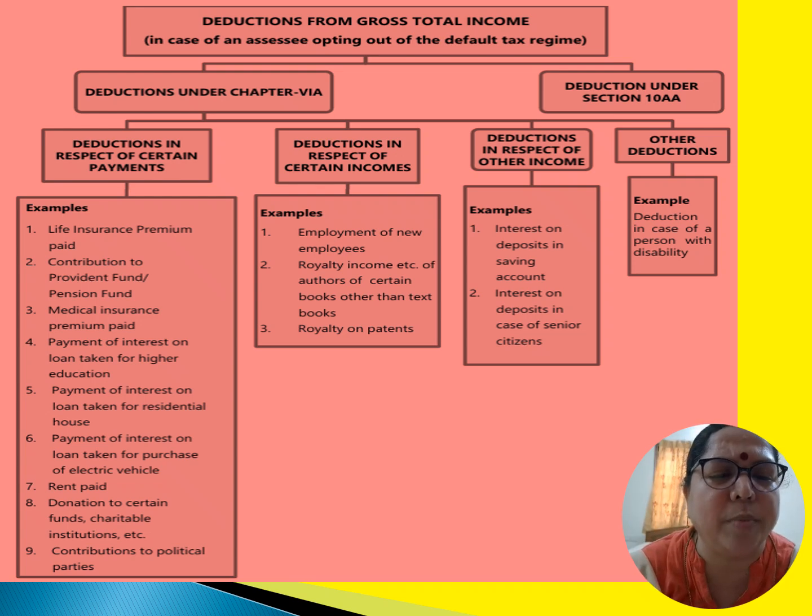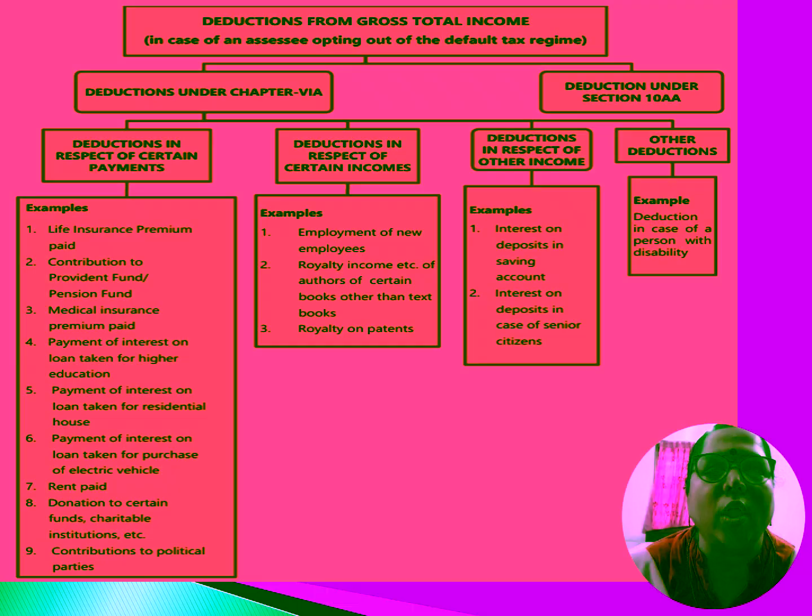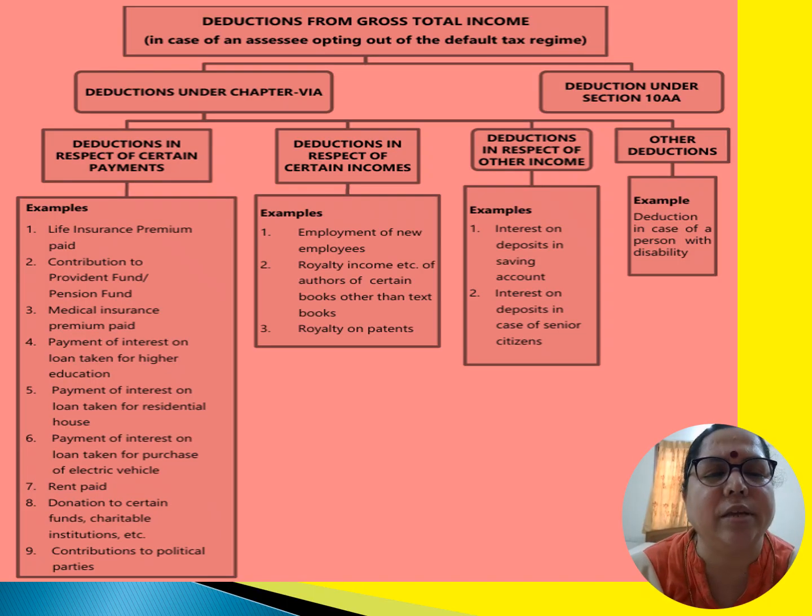Examples may be life insurance premium, contribution towards provident fund or pension fund, medical insurance premium paid, payment of interest on loan taken for higher education, for a residential house, or for purchase of an electric vehicle, or rent paid, or donation to certain funds, charitable institutions, and contributions to political parties. All these examples can be categorized under the deductions in respect of certain payments under chapter 6A.